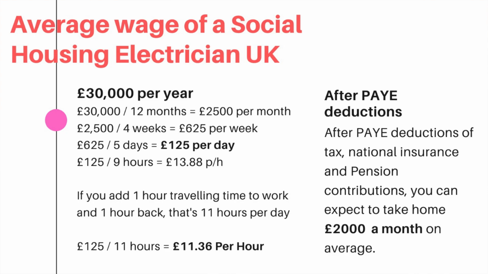So if you divide by 12 months, you're getting about £2.5k per month, £625 per week, £125 a day, £13 an hour. Obviously if you're adding 1 hour traveling to work, 1 hour traveling back, that's 11 hours a day. So if you're dividing that wage, £125 per day, by the 11 hours, you're basically getting £11.36 per hour.